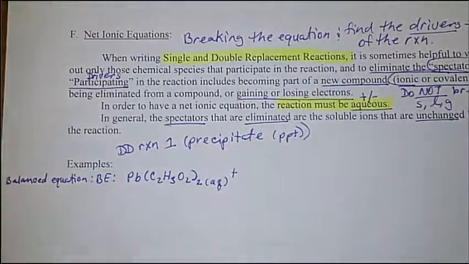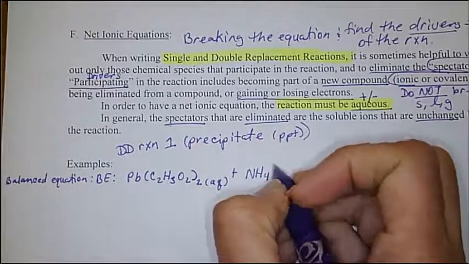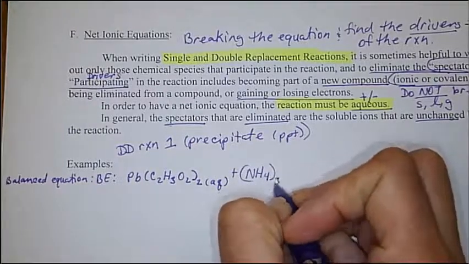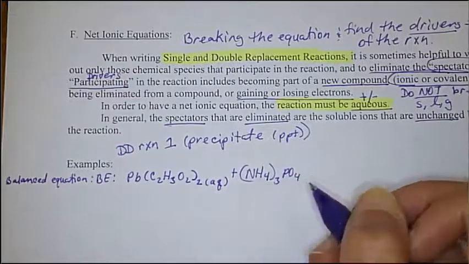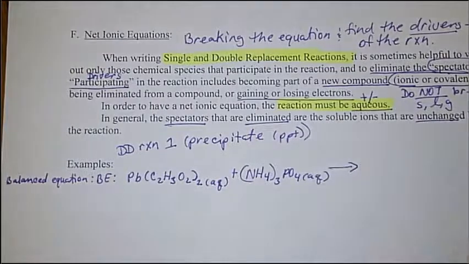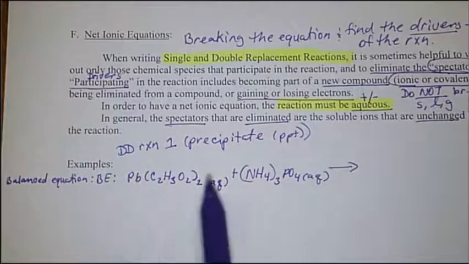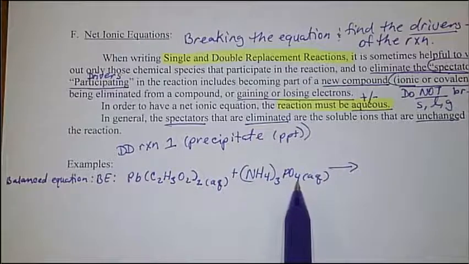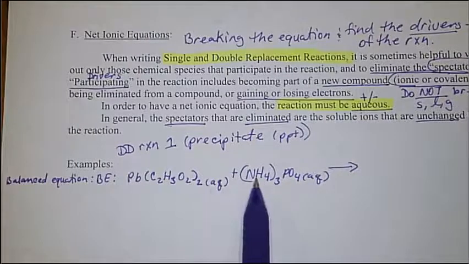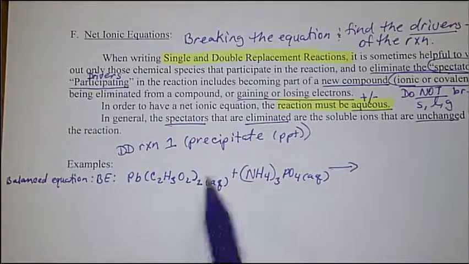It reacts with ammonium phosphate. Okay, and go ahead and write that. When you use your solubility chart, that is also aqueous. It will produce, and remember that your positive charge will react with the negative charge on the other compound, and the positive charge of the other compound will react with the negative charge of the first compound.